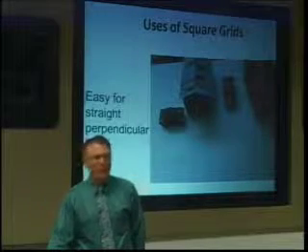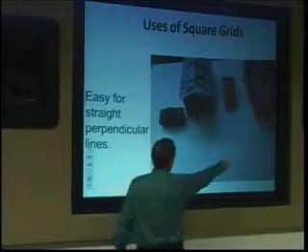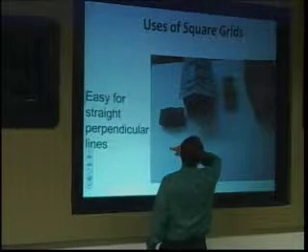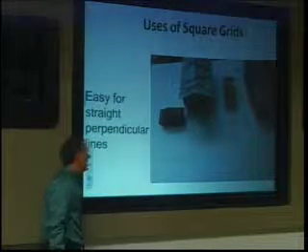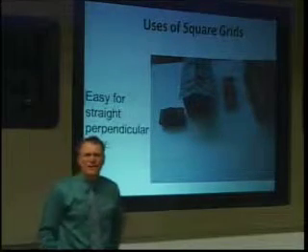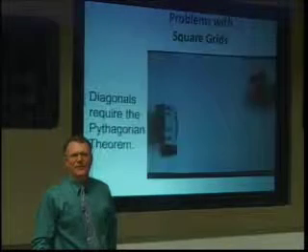When we're using square grids, I'm not sure if the camera's picking up, but these figures are on a square grid. They're like 1-inch grid lines going both ways, kind of a checkerboard sort of thing. When you're using square grids, it's very easy to work in straight and perpendicular lines.